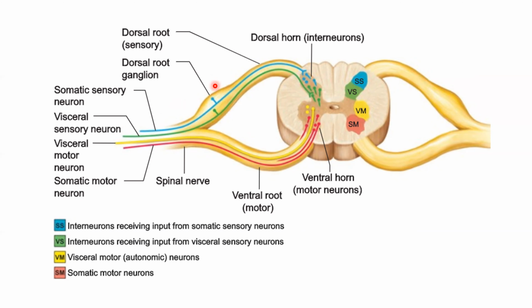And here's the ganglion. See these blue and green neurons? Those are sensory neurons. Sensory neurons are unipolar, so the cell bodies are located in the ganglia. And these lines represent axons.